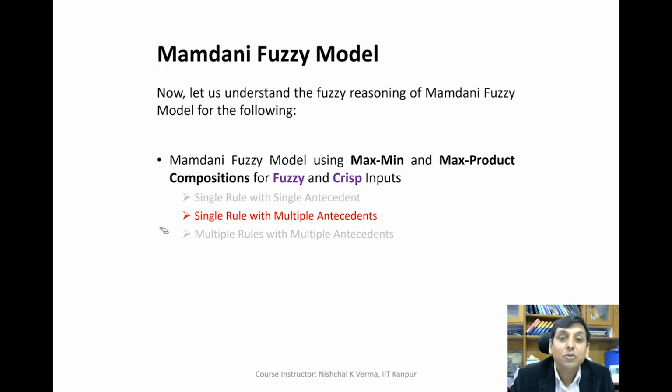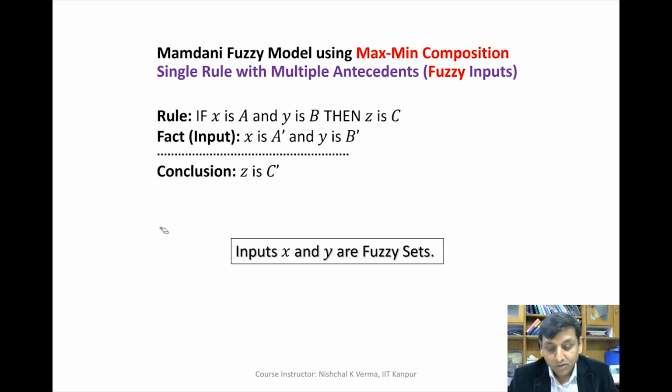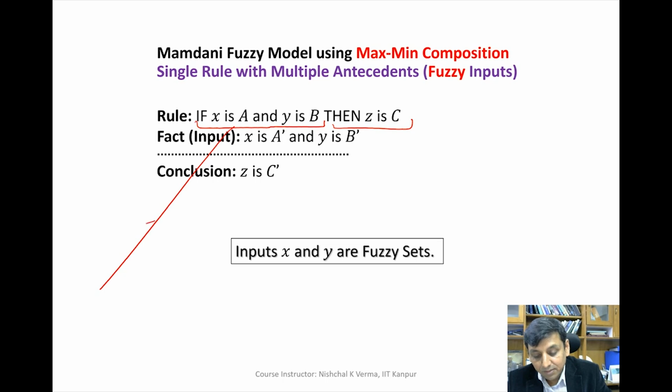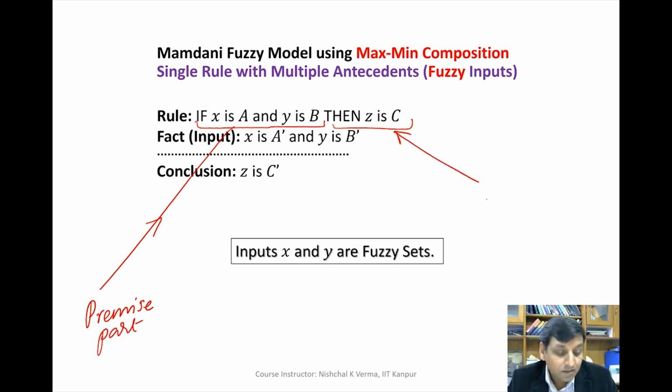So let's see how it looks. You can see here we have a rule, and in this rule we have the premise part, which is this, and then the consequent part.